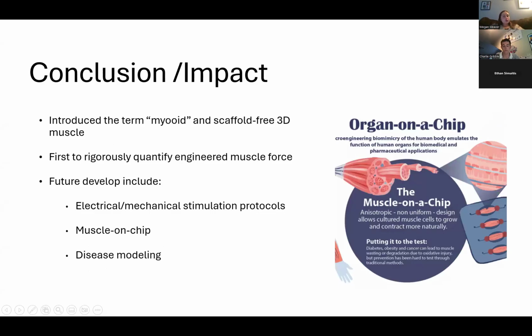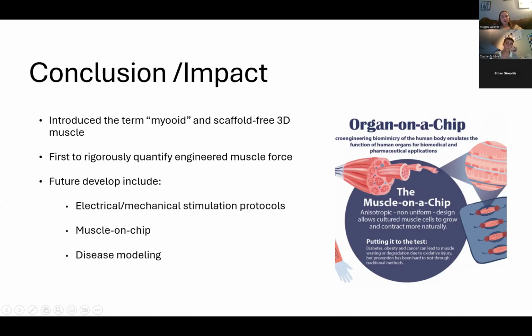Overall, this study introduced the new term myodes to describe scaffold-free 3D muscle constructs that form naturally between anchor points. It is one of the first to rigorously quantify functional properties like twitch and tonic force in engineered muscles, setting a new benchmark for future tissue engineering. Looking ahead, there are several key directions. First, developing electrical and mechanical stimulation protocols that can help further mature the tissue, making it stronger and more responsive.